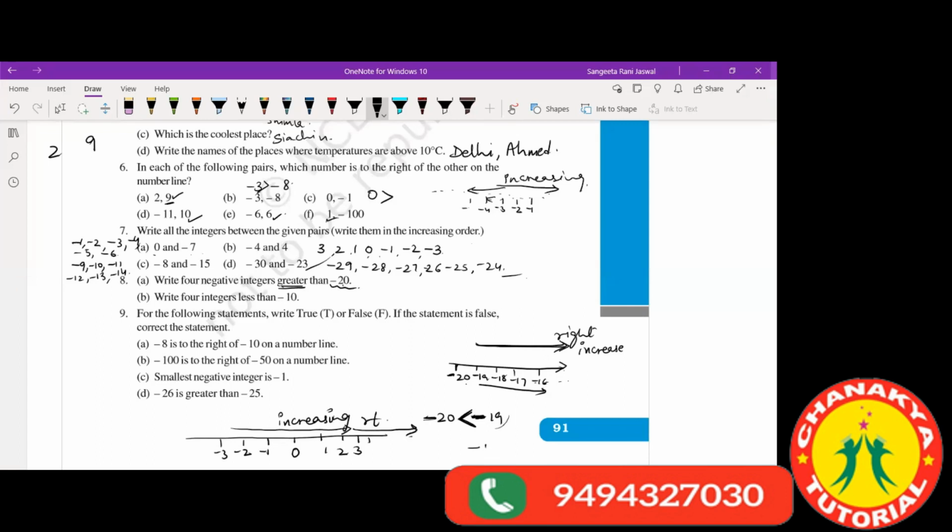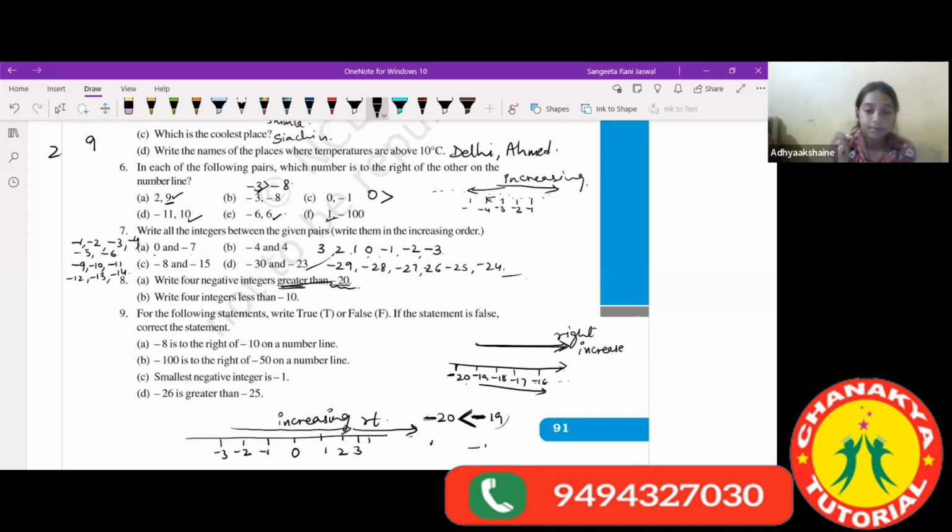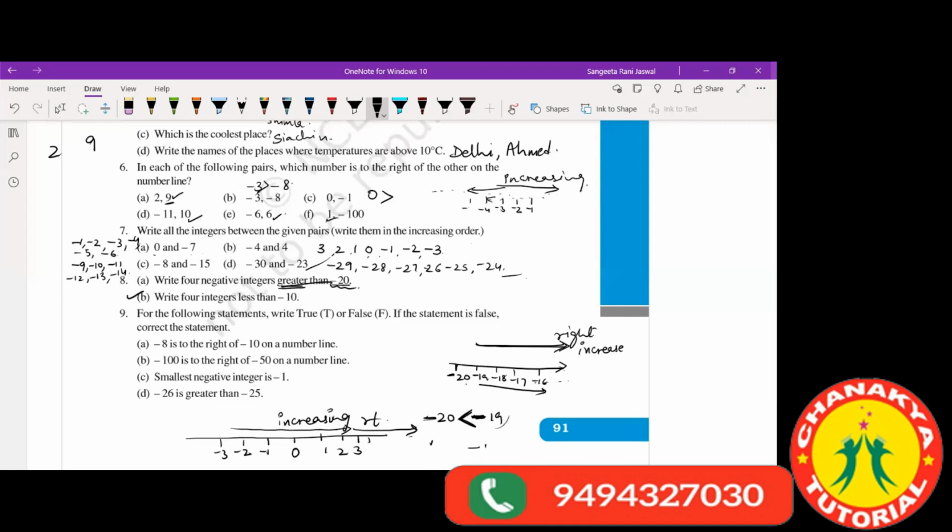So if I say, tell me 4 integers greater than -20, you have to tell me those integers which are towards the right side of -20. Did you understand? Yes, ma'am. Sure, because I'm going to ask you the next also now. If you have understood, then tell me, otherwise I'll explain again.